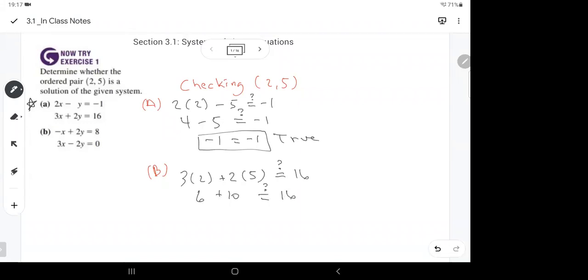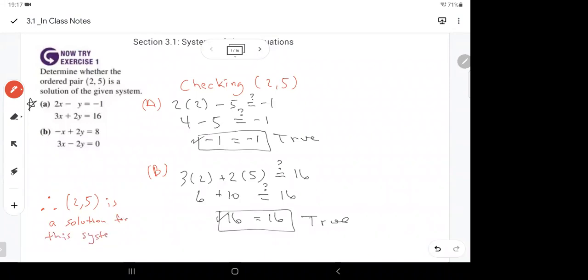Make sure you check your signs so you don't make a silly mistake like I just did. Oh, sorry, guys. All right, so again, it's true. So we're going to conclude the point (2, 5) is a solution for this system. Okay.